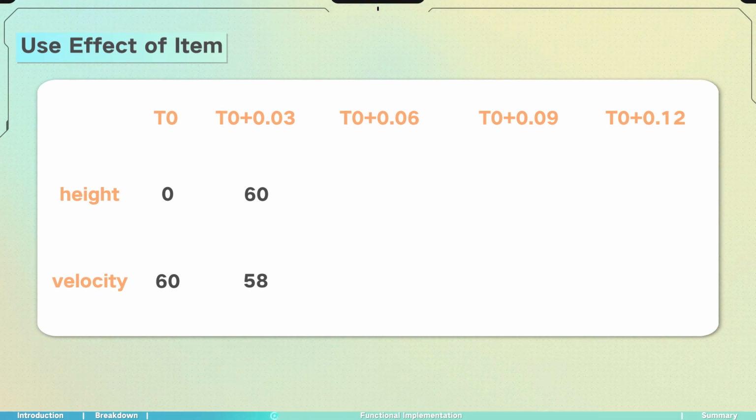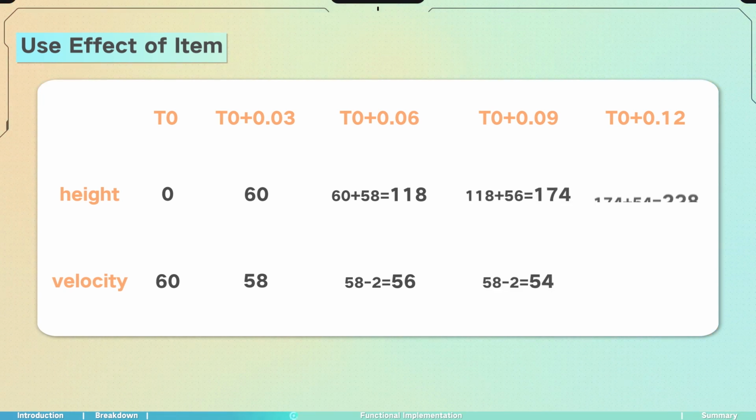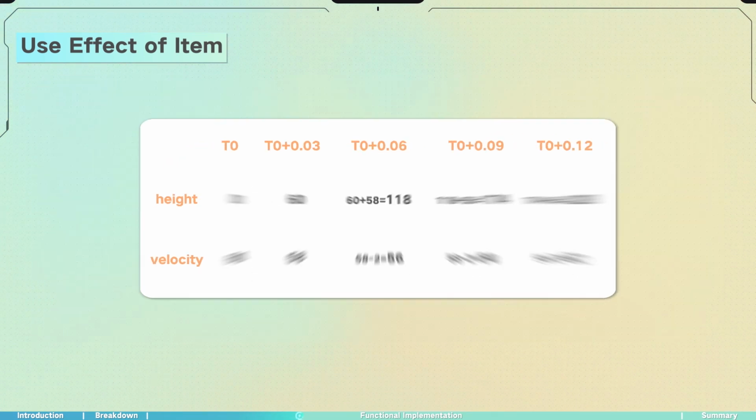At t0 plus 0.06 second, height equals 118, velocity equals 56, and the height of the firework is 118. We can see that for each next frame, the height of the firework will be 60, 118, 174, 228, and so on. The speed of it is decreasing every frame.